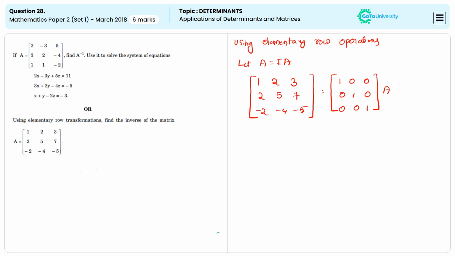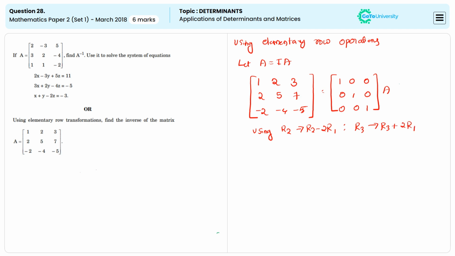Right? So now using the row operations, what we do is on the right hand side, using R2 changing to R2 minus 2 times R1, and also R3, that is row 3, will be changed to R3 plus 2R1.